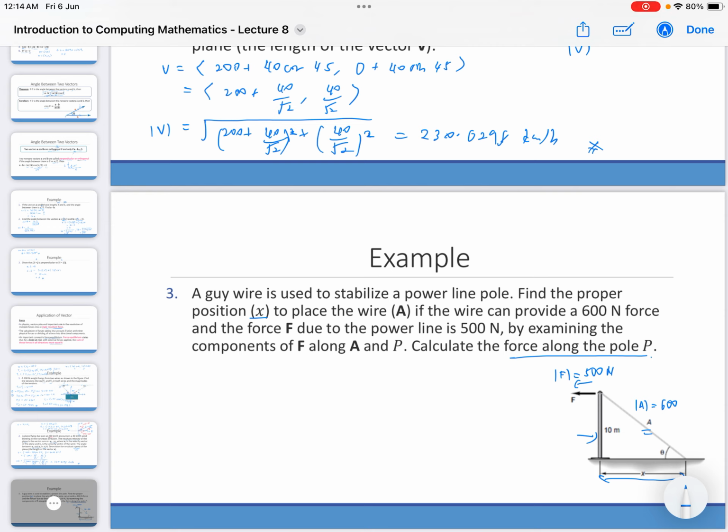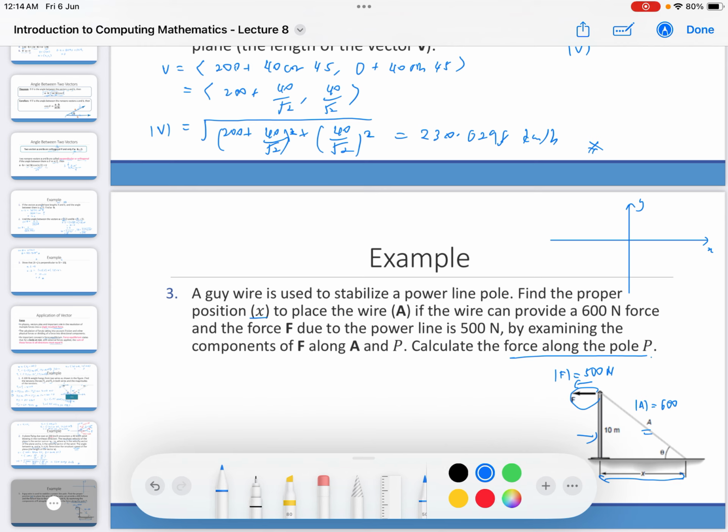For this one, again, we can draw in the XY coordinate. So let's draw this one. First we have this force.